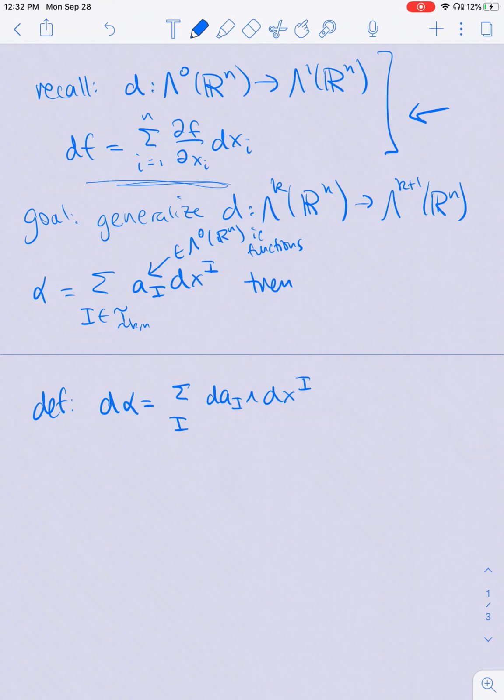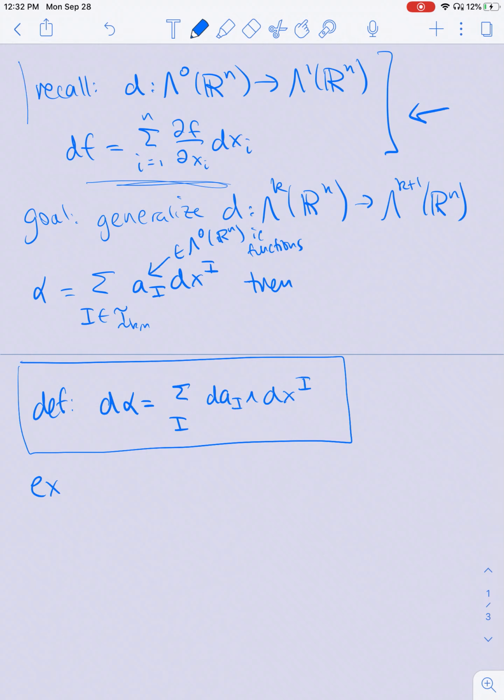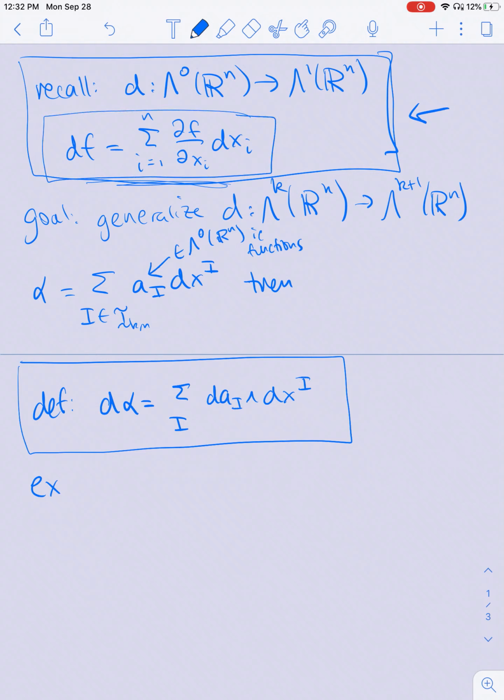So let's do an example. So here's the definition. And your book writes out this definition as well, because you can expand this definition, using the definition of d on a 0 form to expand out what d a sub I should be using that formula.